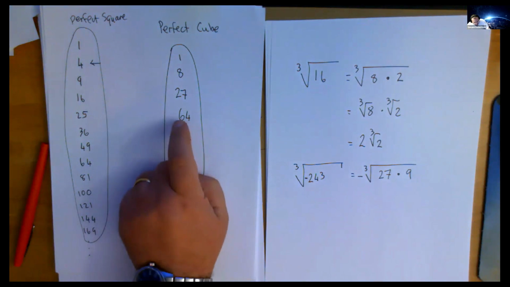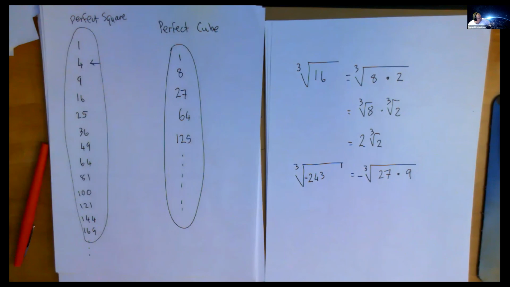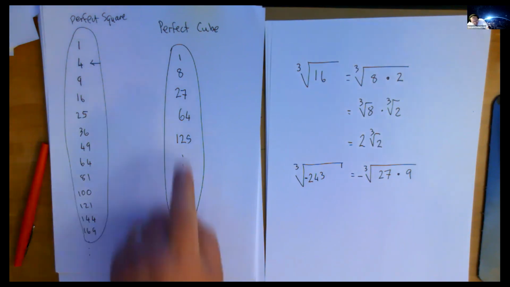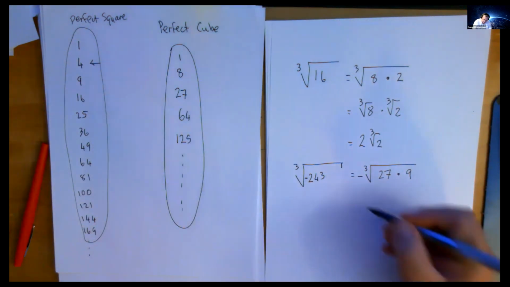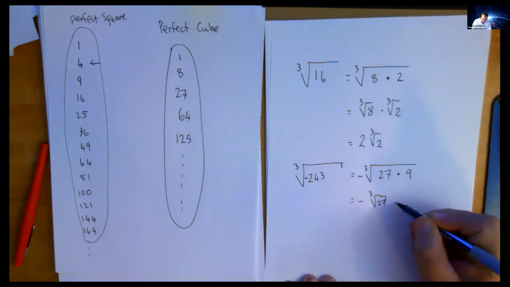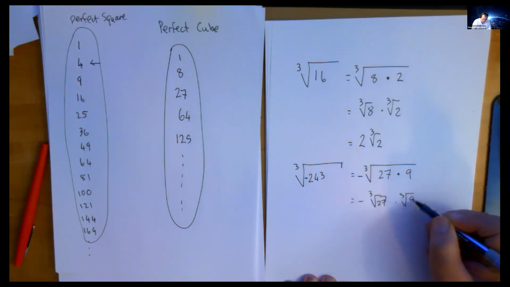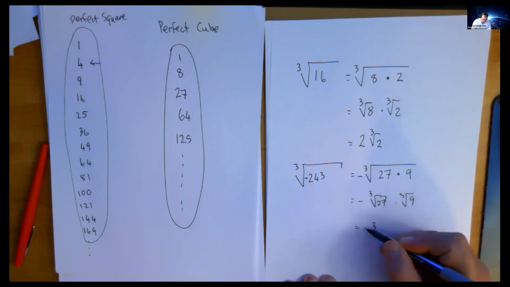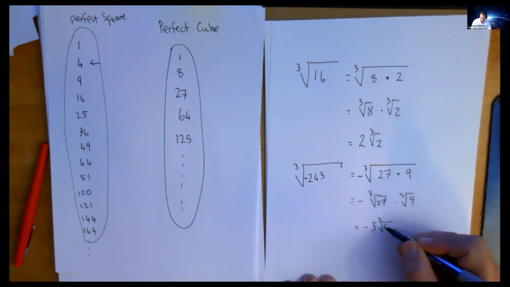I'm going to kick out 64 and 8, even though I don't need to check them. Because if you use 64 and 8, don't they only work with even numbers? Because 64 times something is even and 8 times something is even. So just basically a process of elimination, I know it's 27. So negative the cube root of 27 multiplied by the cube root of 9, and that guy's 3. So there's your answer.